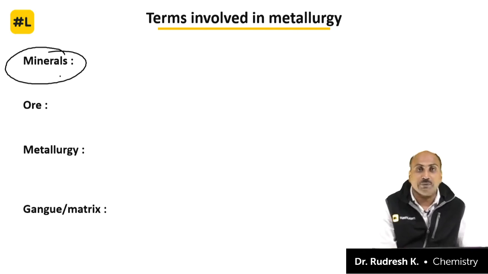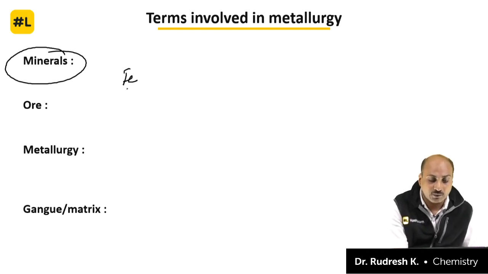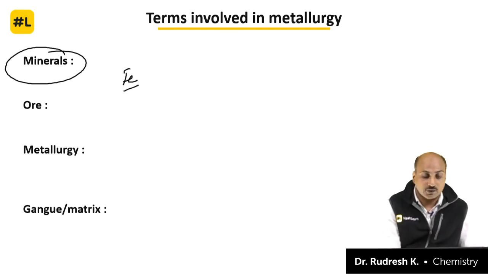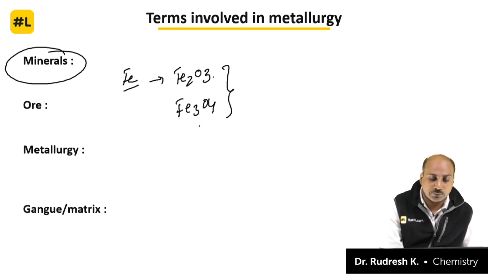Now, coming to the minerals, there are so many minerals. If I want to extract iron, as an example, there are 2 minerals. One is Fe2O3 and another is Fe3O4. These 2 are called minerals.